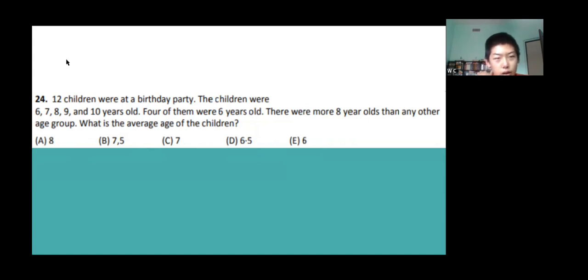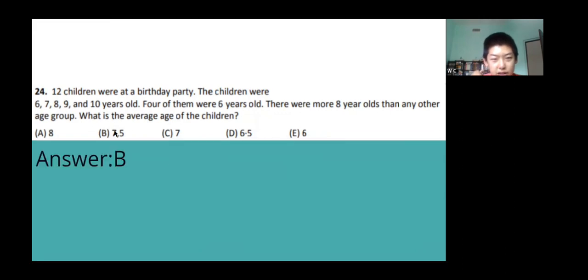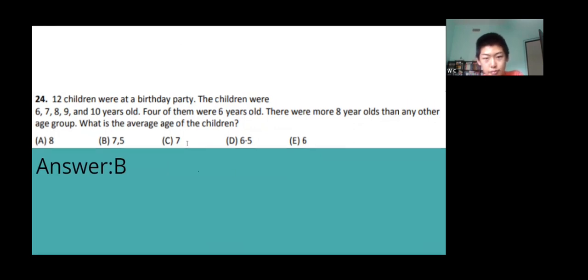So far we have only one answer. The answer was E. The actual correct answer is B. But the way you do this is, there are 4 6-year-olds, and we know that there's more 8-year-olds than any other group.